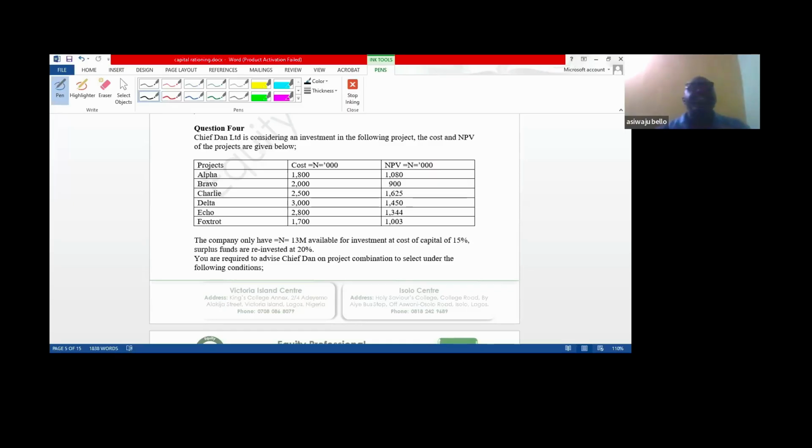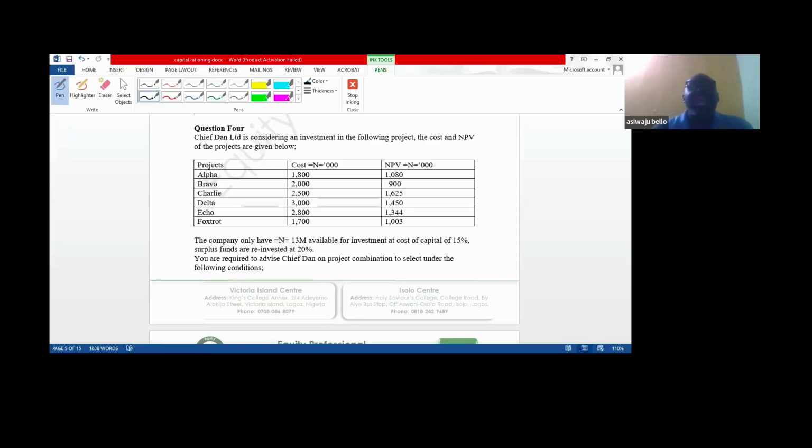Chief Dan Limited is considering an investment in the following projects. The cost and NPV of the projects are given below. You have Alpha, Bravo, Charlie, Delta, Echo, Foxtrot. You have like 6 projects.